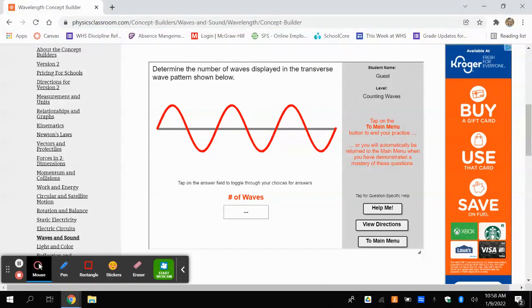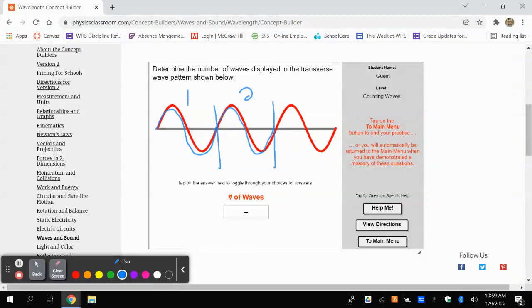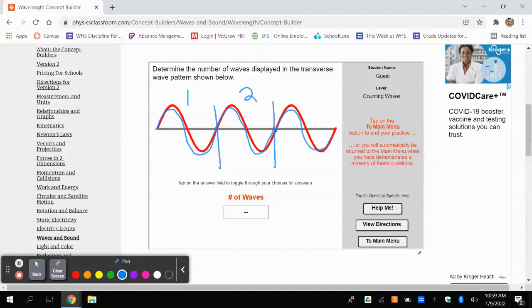So the other thing I want to talk about, this one isn't an example of it, but remember, you can have half of a wave. So we have an up and a down here. That's one wave, an up and a down, there's 2 waves, an up and a down, there's 3 waves in this wave pattern here.